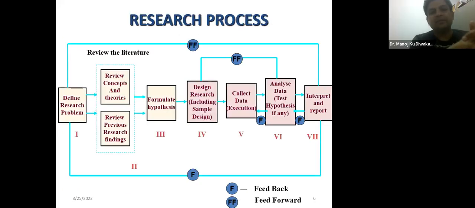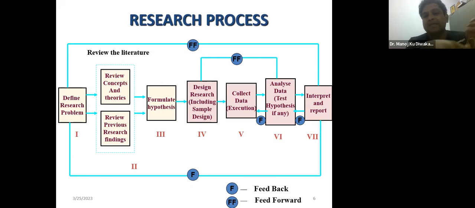Okay, fine, fair enough. So we were talking about the research process. We initiated with what kind of problem you are looking at in your research or in your PhD work, whatever project you are doing. Then you will go for the review of the literature, based on theory and whatever past work is available.